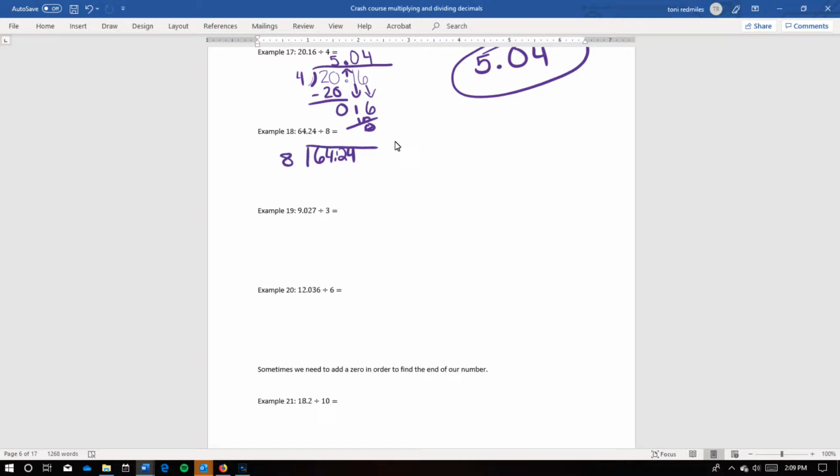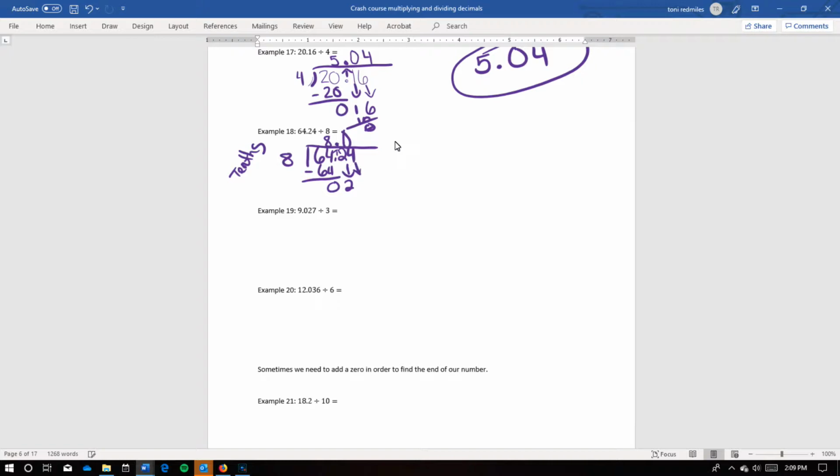All right, let's put our decimal in our answer. 8 can go into 64 8 times. 8 times 8 is 64, which gives me 0. I'm going to drop down my 2. 8 cannot go into 2, and we're in the tens place. I can't jump to the hundreds place, so I put something in the tens place. Tens with the THS at the end. So I have to put a 0 in there as a placeholder.